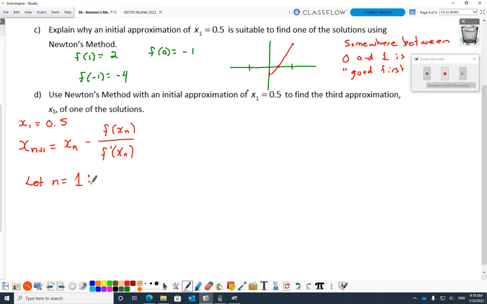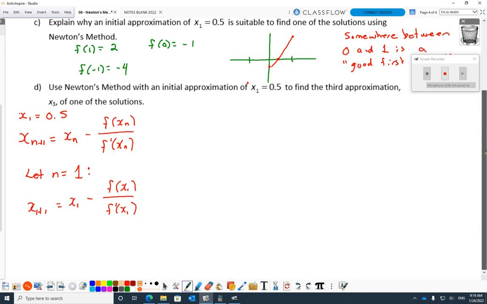Yeah, you'll know. So I'm going to put n equals 1 in here, and so I get x at 1 plus 1 equals x at 1 minus f at x1 over f prime at x1. I just put n equals 1 all the way through there, and I get this beautiful formula. And I say beautiful because it might really show off the power of this formula.